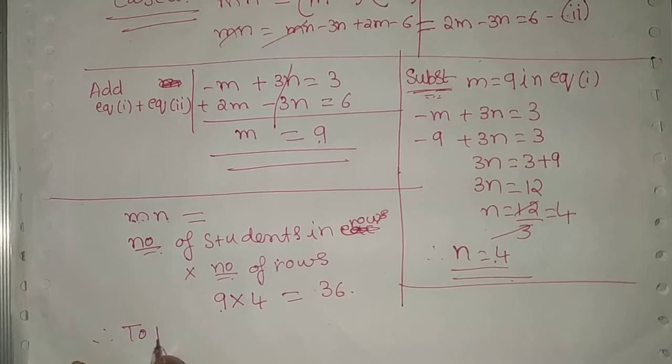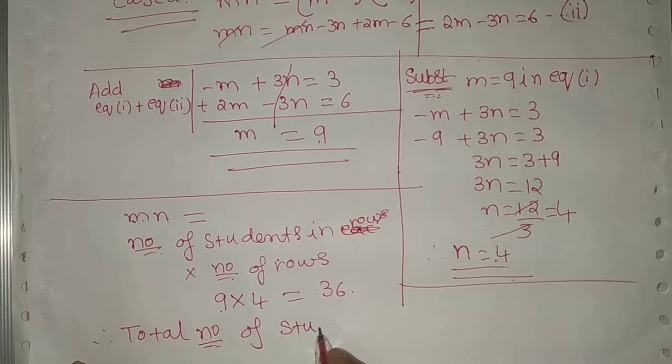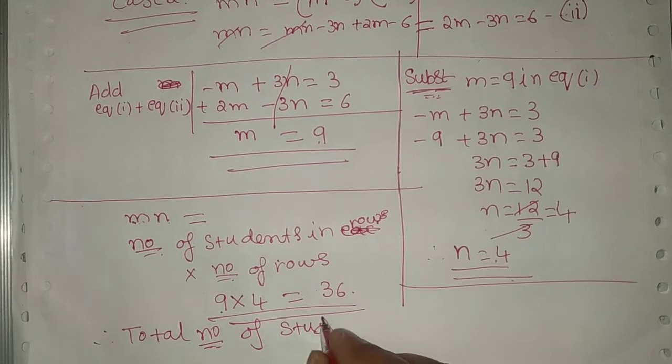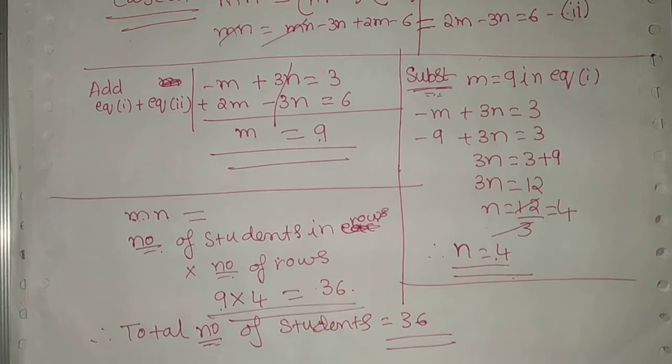Therefore the total number of students is equal to 36. So this is the answer.